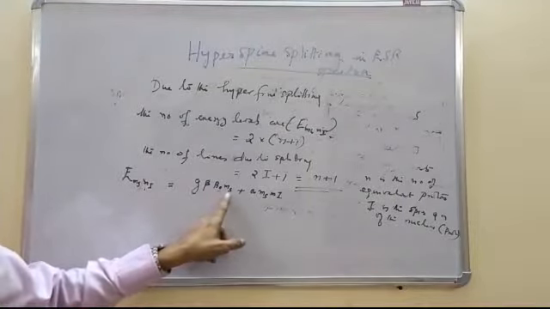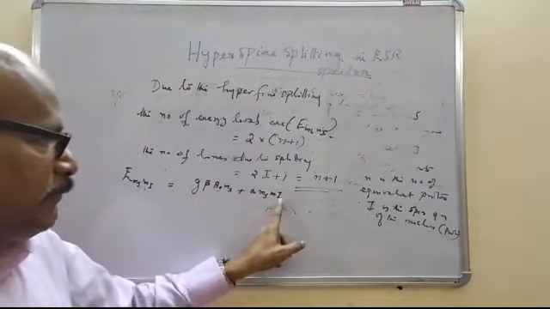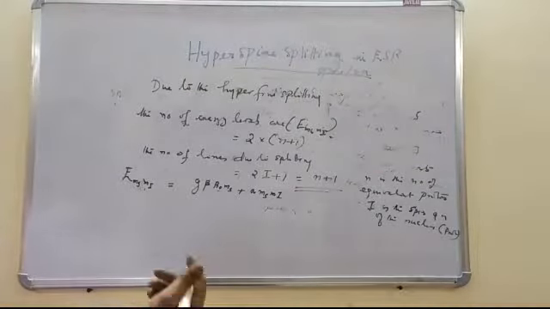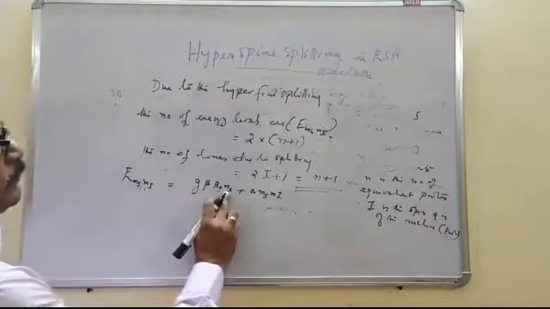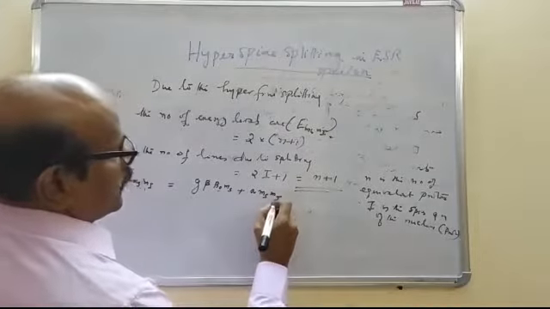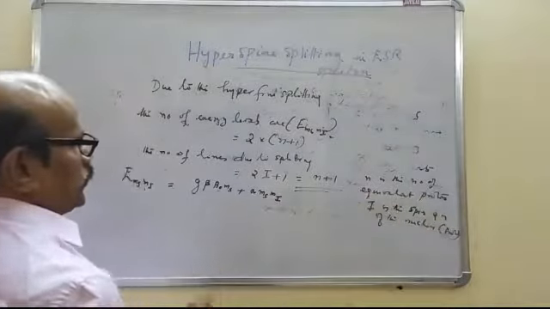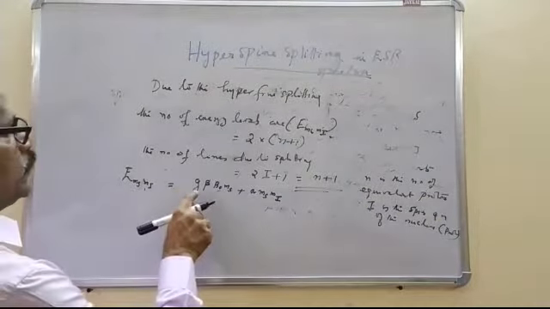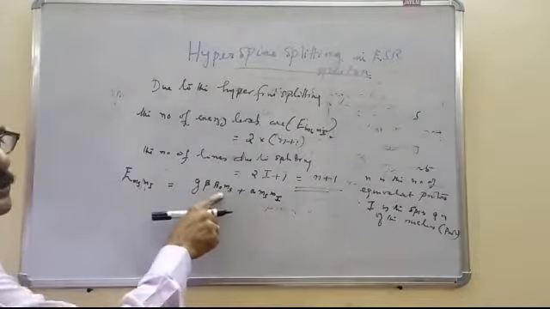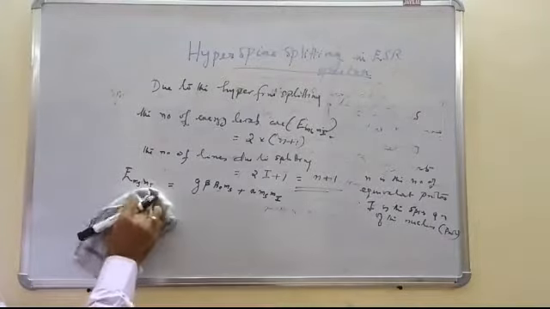Ms is the spin magnetic quantum number of the unpaired electron, and Mi is the spin quantum number of the neighboring nuclei with I not equal to 0. g is the g factor, beta is called the Bohr magneton, and B0 is the applied magnetic field.